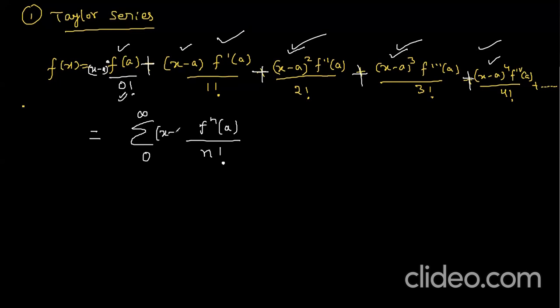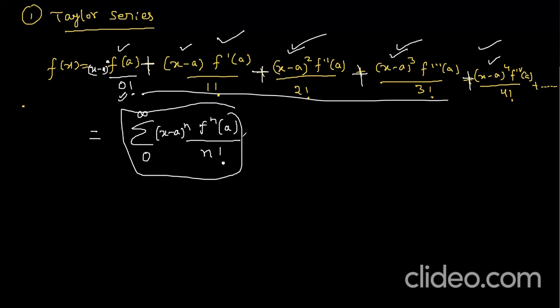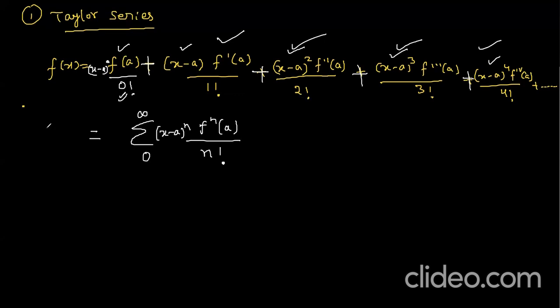So you can write x minus a raised to n. This is the general form. When you combine all these terms, you will get this, and this type of series is called Taylor series.